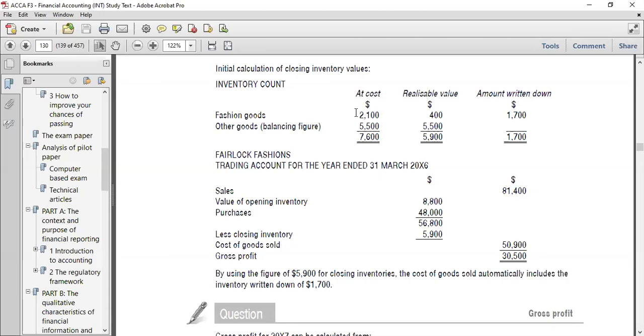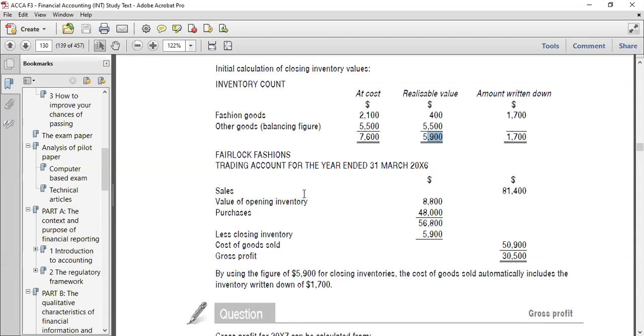And like what they told us, inventory should be valued at the lower of cost and net realizable value. So this is what we have when it comes to this kind of inventory. Now, the other component of this inventory, the 5,500, remains the same, okay? So when you get the realizable value of the 2,100, you get your 400, and then add the 5,500. At the end of the day, we are going to have a comparison between the 7,600 and the 5,900.